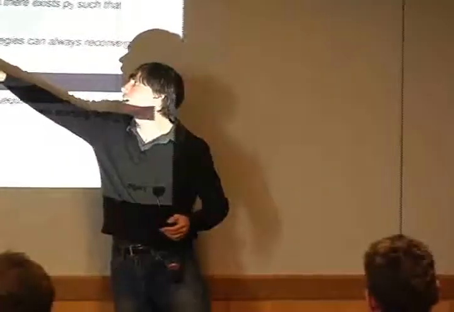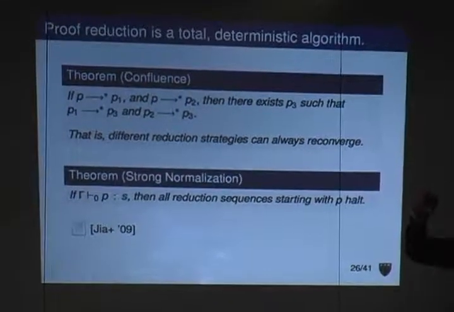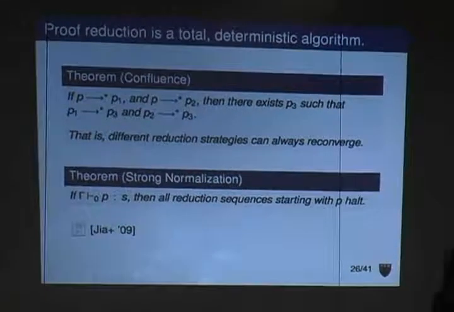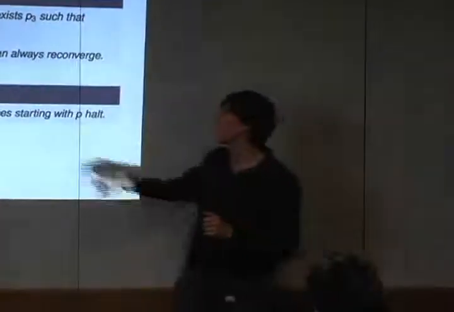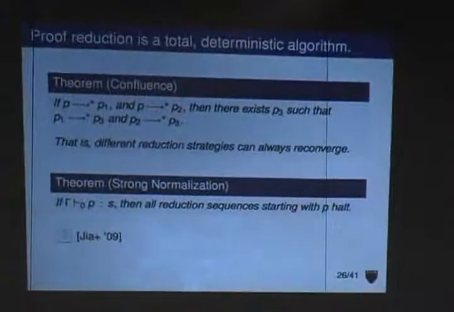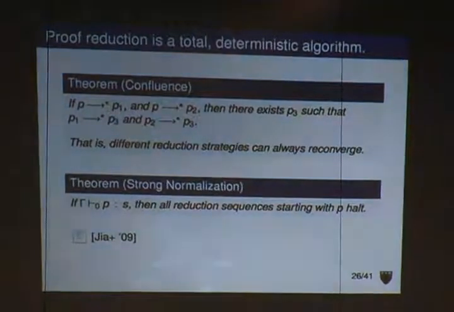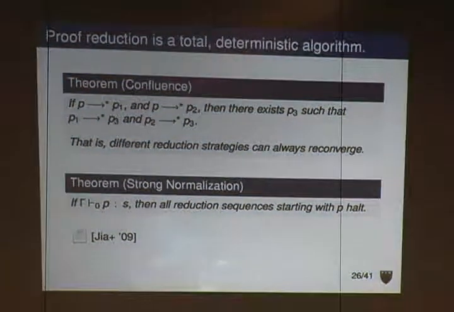If we have P, and it can go to either P1 or P2, you can always get back to the same place. So it doesn't matter what order you evaluate things in. And the second theorem says that if you evaluate long enough, you'll always terminate. So this gives us a deterministic total algorithm for proof simplification, which I claim is really useful for doing inspection of logs.